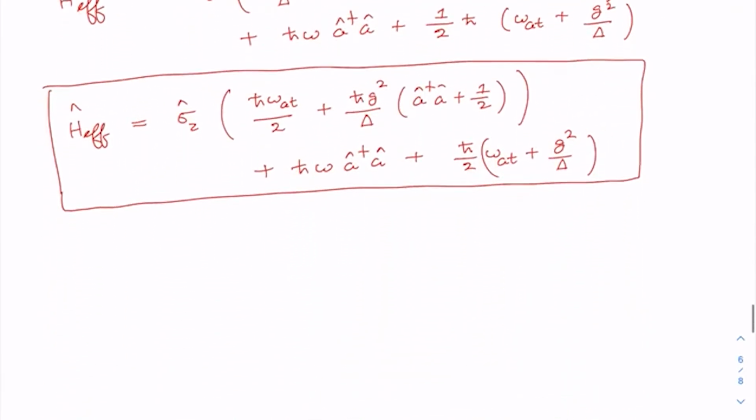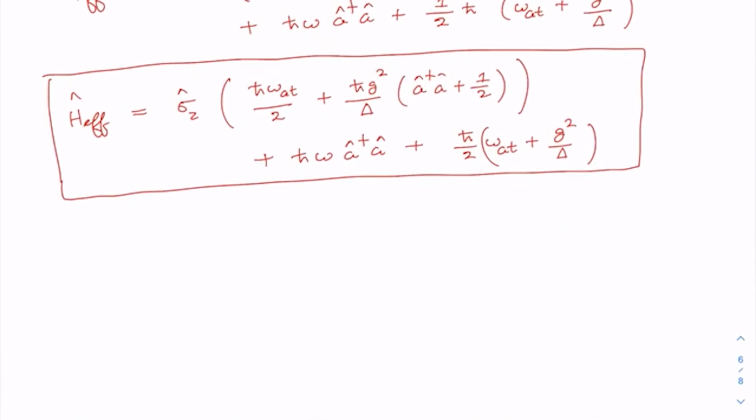Now let us interpret it. If you look at the first term, it refers to the transition between the two atomic energy levels, or the qubit energy levels. We have two energy levels.